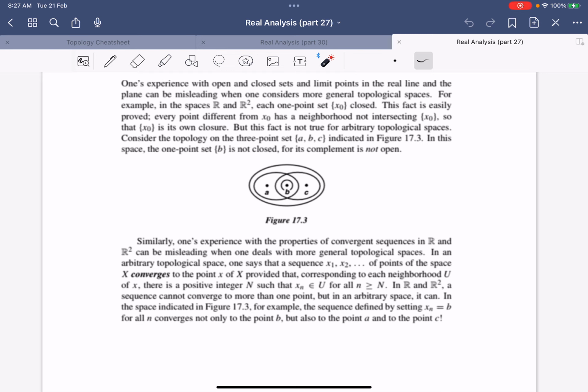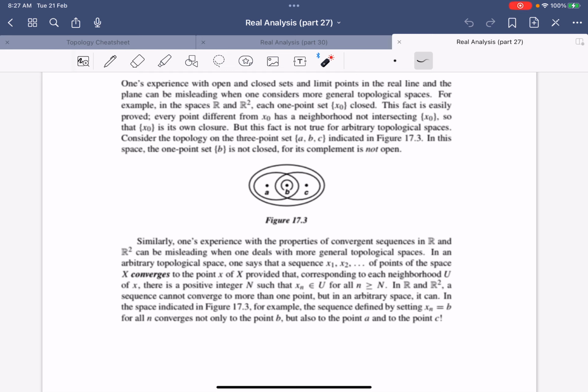And as a result of this, when you have the following topology on this space, it could lead to convergence of a sequence into two values instead.